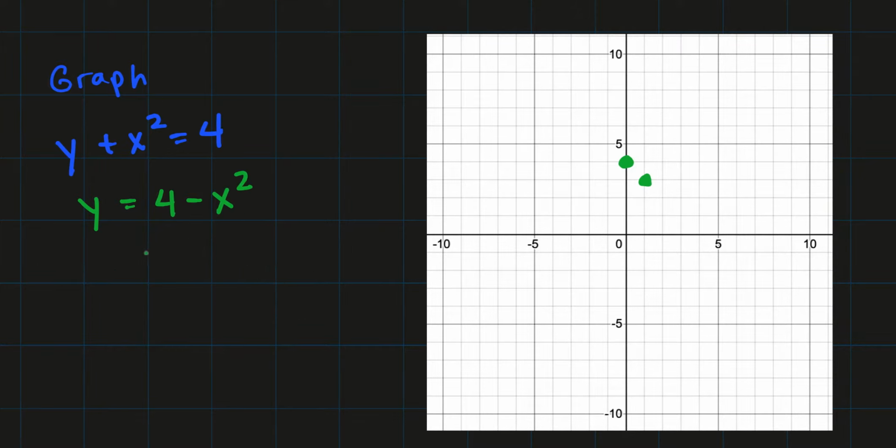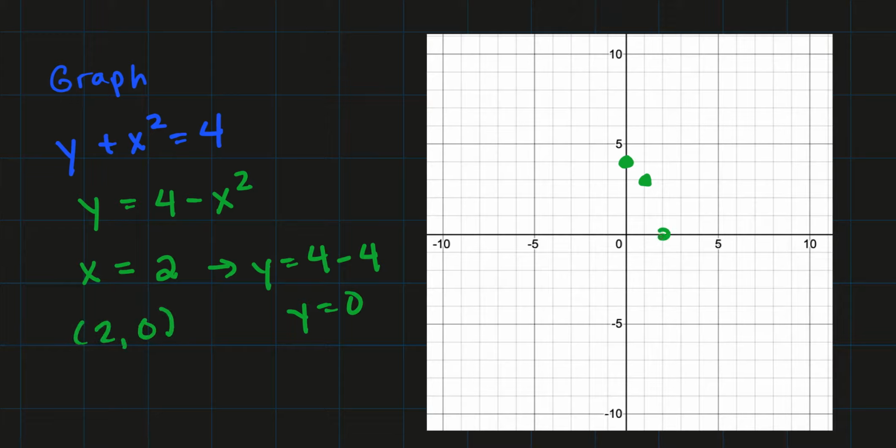Let's say x is 5. Actually, that's a little too big. Let's go with x is equal to 2. Okay, so if x is 2, we'll get that y is equal to 4 minus 4, because 2 squared is 4, and we get y is equal to 0. So we have the point 2, 0.